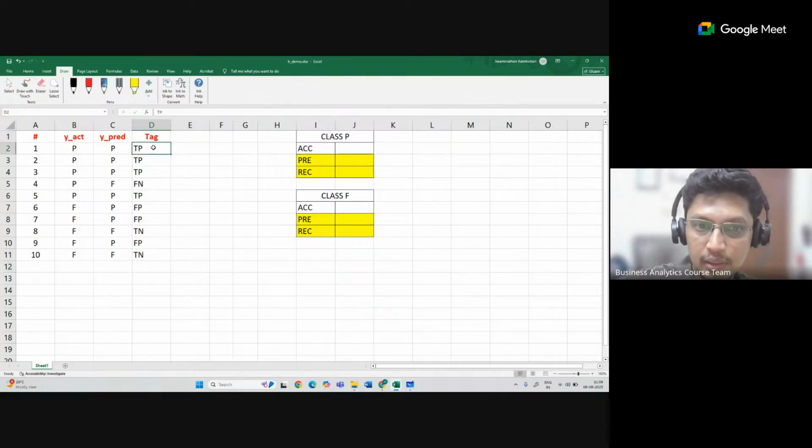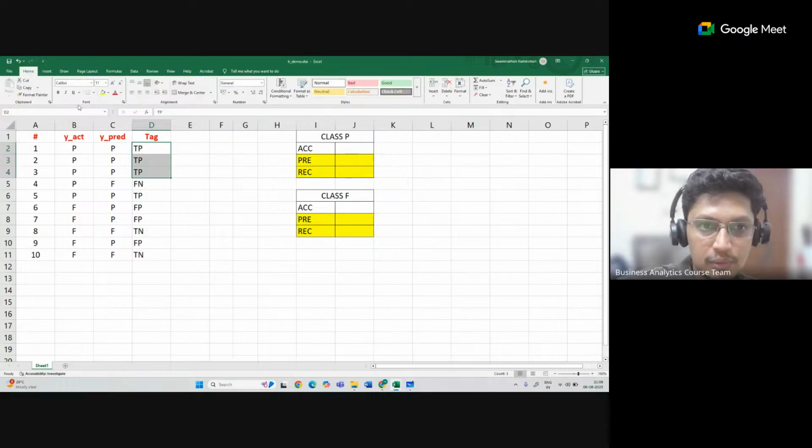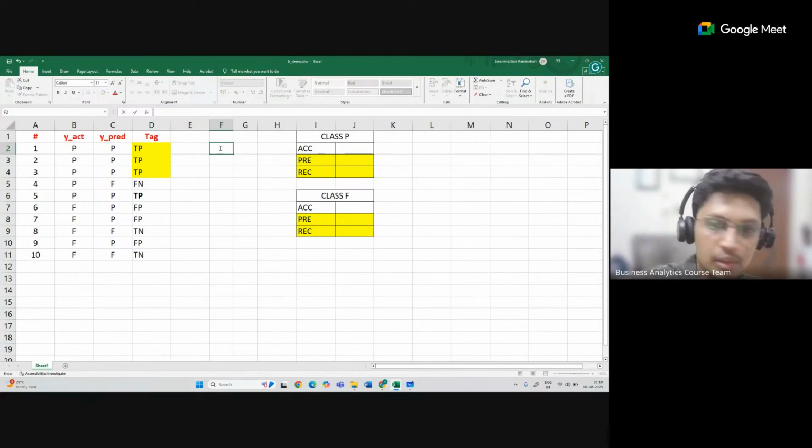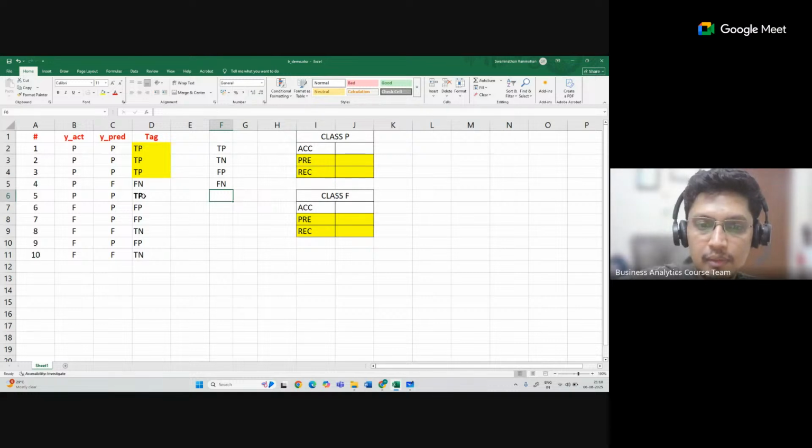So how many true positives do we have? Four, I guess. Right. Let's have something here: true positive, true negative, false positive, false negative.